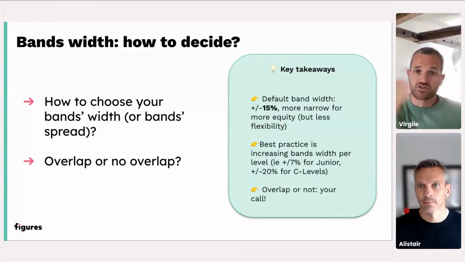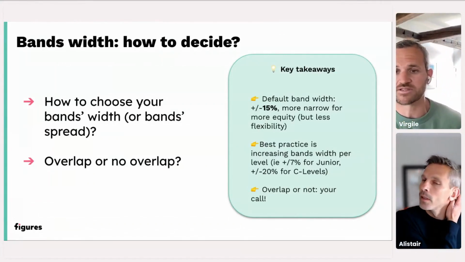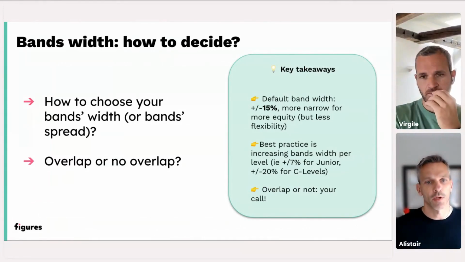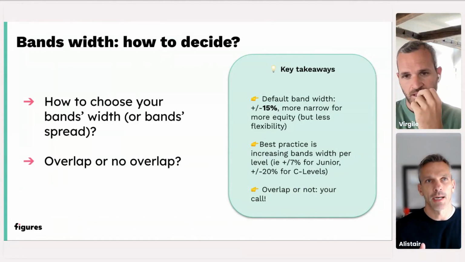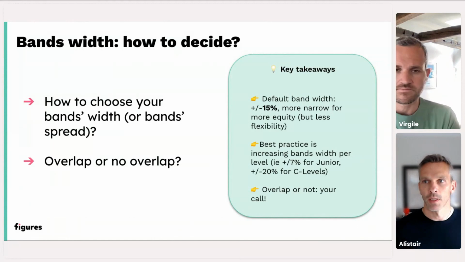It's one of the most important choices that you have to make during creation of salary bands. So I think, as we sort of started out when we first talked about this, you're going to need levels, and there's going to be differentiation on bandwidths between levels.